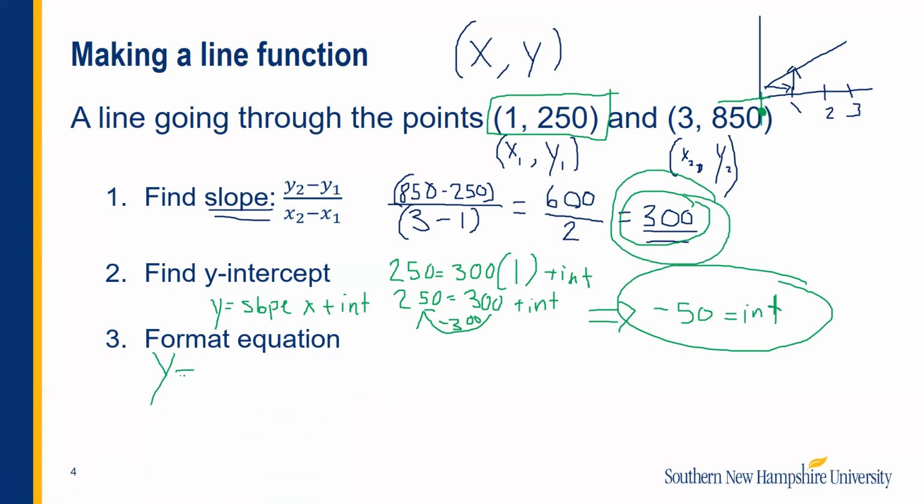So y equals the slope times x plus the intercept. Well, we can estimate y by having 300 times x plus a negative 50, or minus 50. Plus negative is the same thing as subtracting.